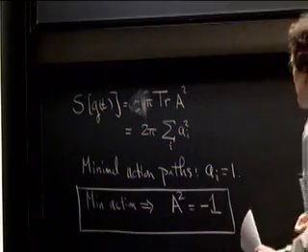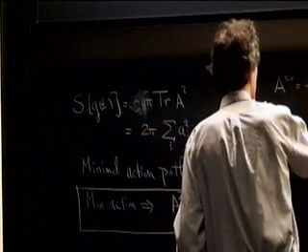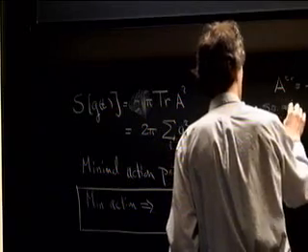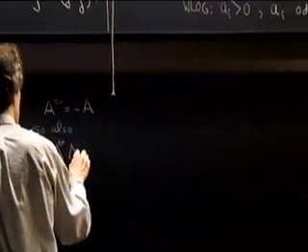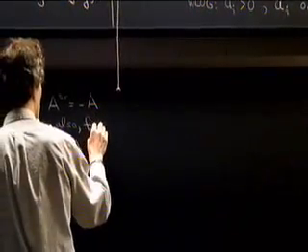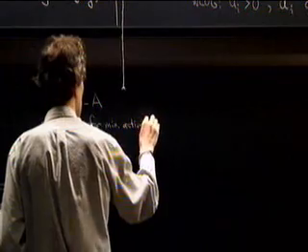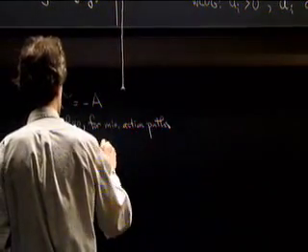Now, as I said, A is in the Lie algebra of On, so A transpose is minus A. So also, for minimal action paths, A transpose times A is equal to 1.